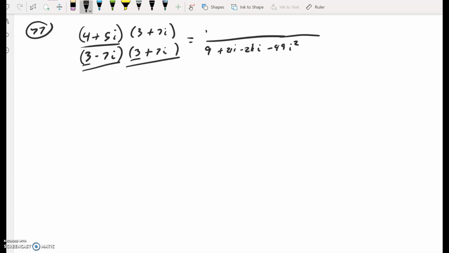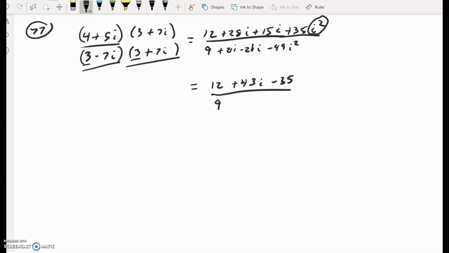On the top, we get a 12, we get a plus 28i, get a plus 15i, and we get plus 35i squared. So on the top, that is a 12, it is a 43i, and it is a minus 35, because remember i squared is negative 1.